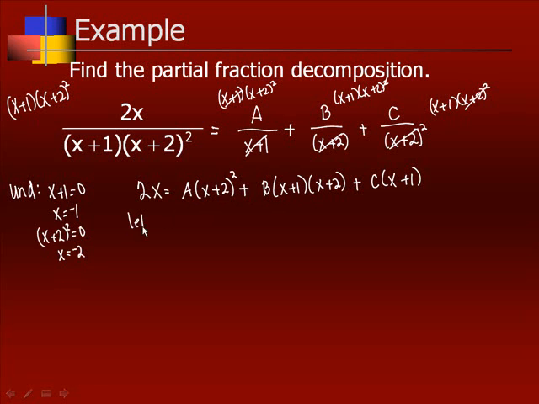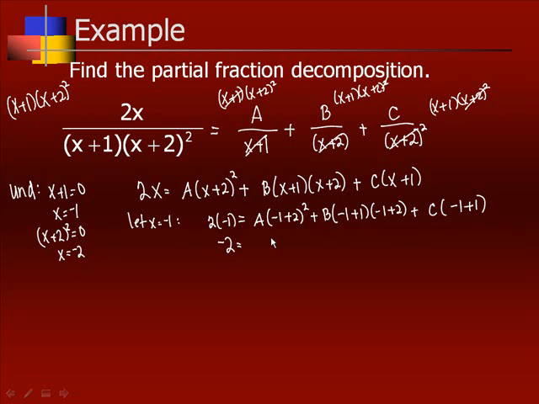So the first thing we're going to do is plug in negative 1. We get 2 times negative 1 equals A times negative 1 plus 2 squared plus B times negative 1 plus 1 times negative 1 plus 2 plus C times negative 1 plus 1. Everywhere we had an x, we plugged in negative 1.